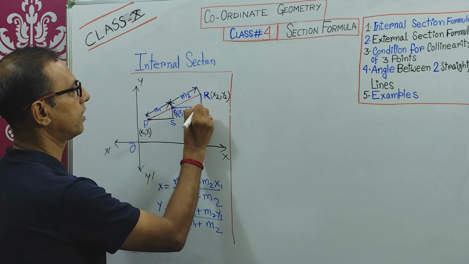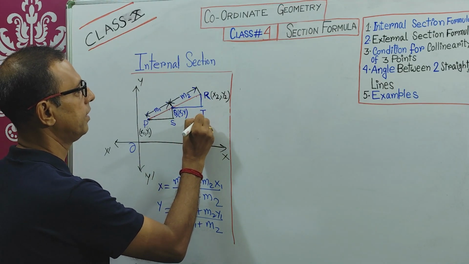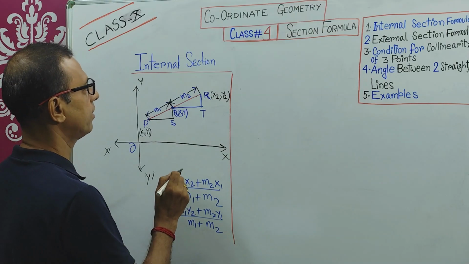The intersecting point, let's say, is T.